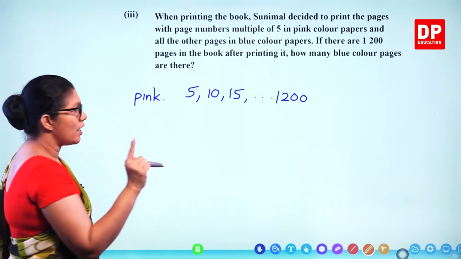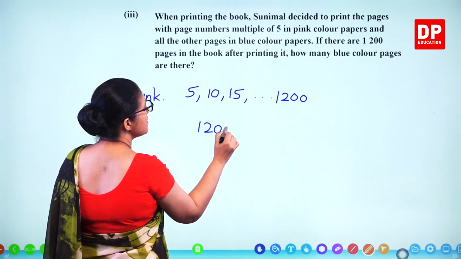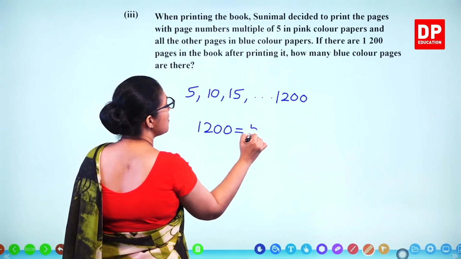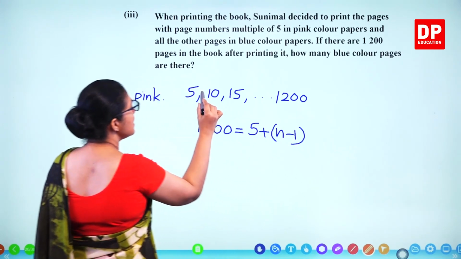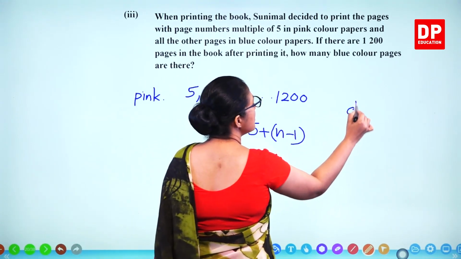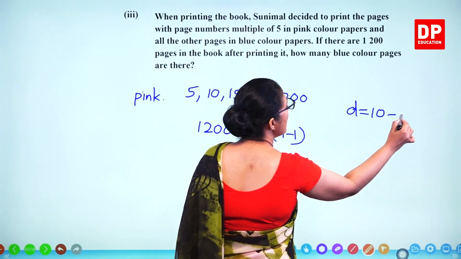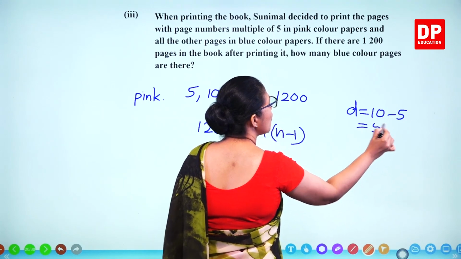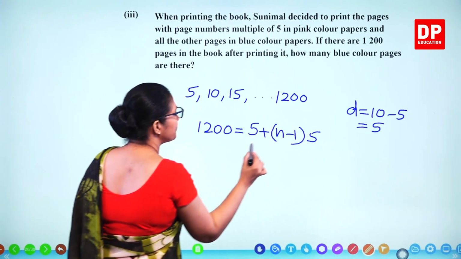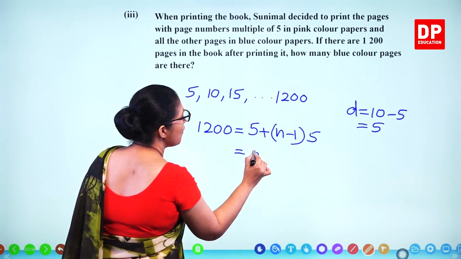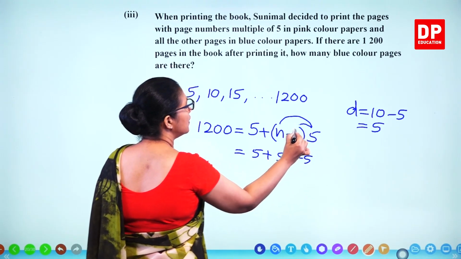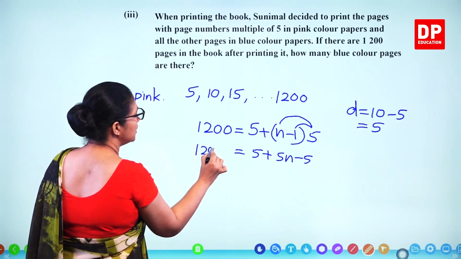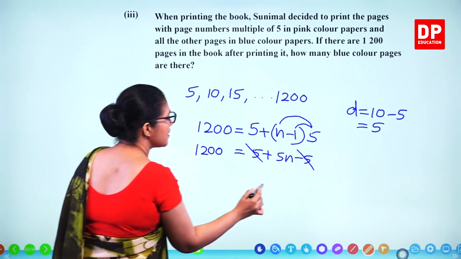Nth term formula. 1200 is equal to, first term is 5 now, plus n minus 1 d. d is any term minus the previous. So multiples of 5 means d is 5. You get 5 plus 5n minus 5. 5 gets cancelled out.